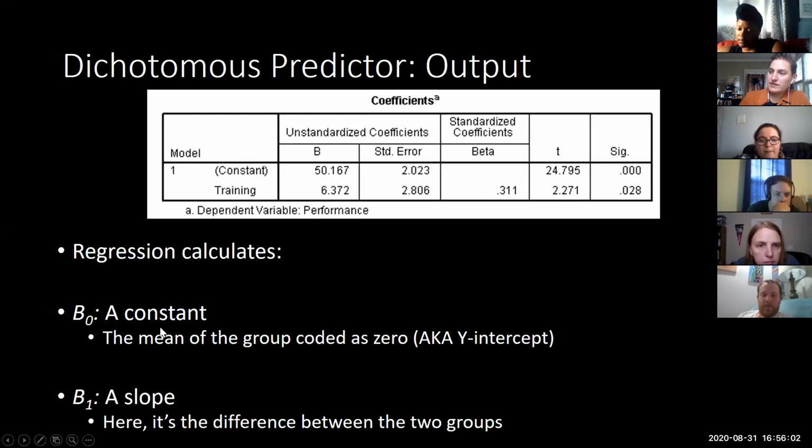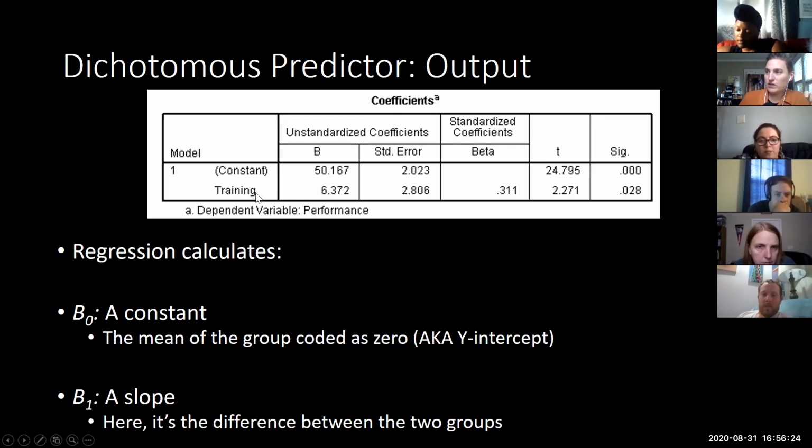B0, the constant, is the mean of the group that you coded as 0. You've also heard this called the Y-intercept before, probably. So in this case, with the dichotomous variable, it's the same as the mean of the group you coded as 0. And then B1 is the difference between the 2 groups.